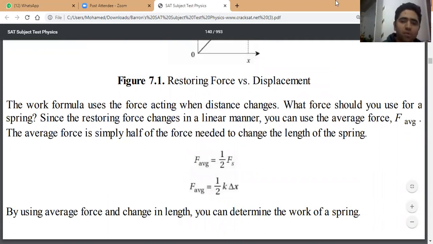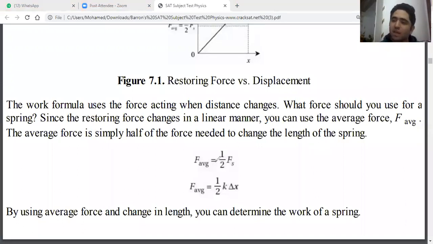Okay. Now here's why this should make sense. You understand the average force is equal to half the final force. Now what is the final force equal to? It's Hooke's law, kx is here. So Favg equals half k delta x.